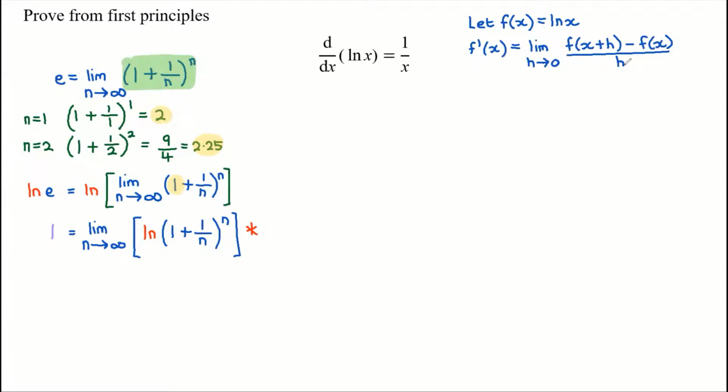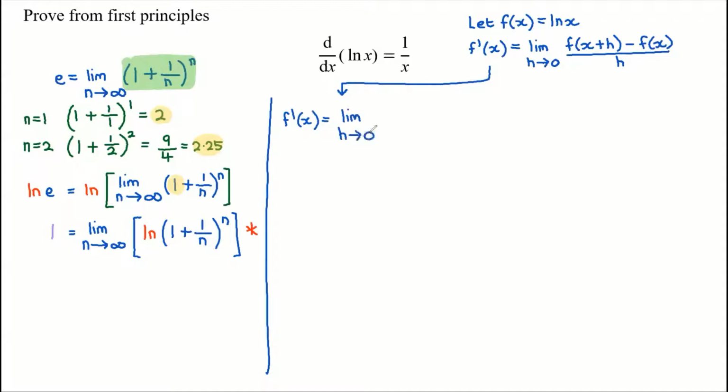I'm going to carry on down here so we've got a bit more space, and I'll partition the board. So the derivative f dash x would be equal to the limit as h approaches 0. Now, if we substitute in x plus h into our function, in my function I just replace the x wherever I see it with x plus h.